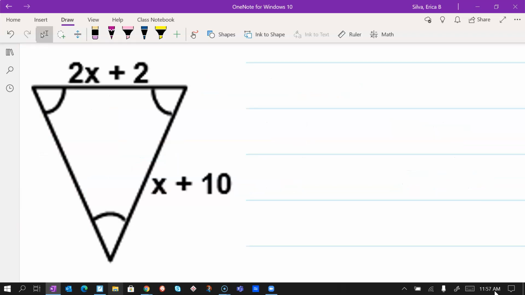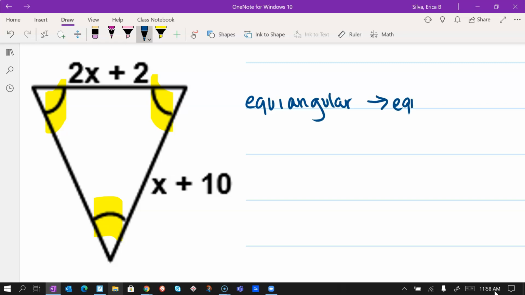What kind of triangle do we have? Equal angular. And we know it's equal angular because of the equal angle. So because it's equal angular, what do we know about the sides? Right, they're all congruent, so then we know that we have an equilateral, which means all sides are congruent.